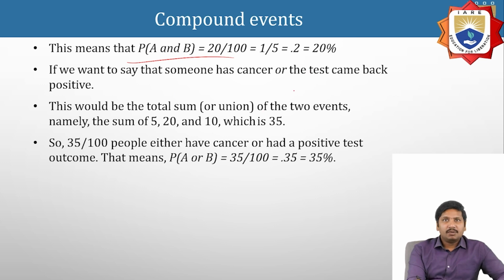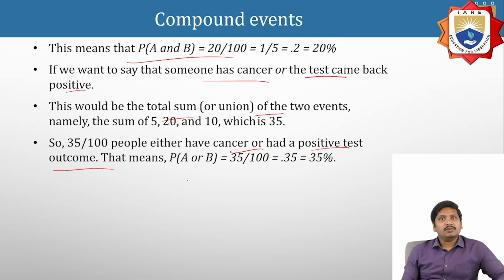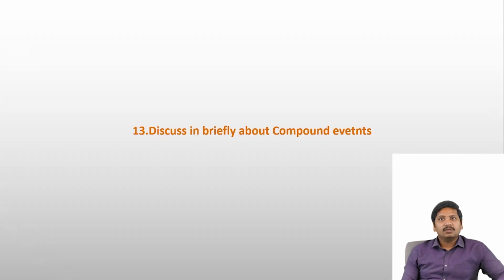If you want to say that someone has cancer or the test came back positive, similarly this would be the total of the union of the two events. So 30% of people either have cancer or are going to have a positive outcome. That is briefly about compound events.